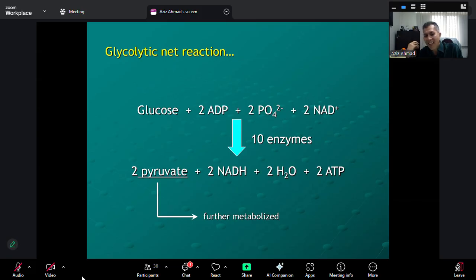So what is the net ATP under anaerobic condition in glycolysis? It should be 0. Yeah, correct. Zero, because we use 2 during the process and we produce 2, but since the NADH produced is utilized to convert the pyruvate to lactate, this NADH will not enter into the electron transport chain.